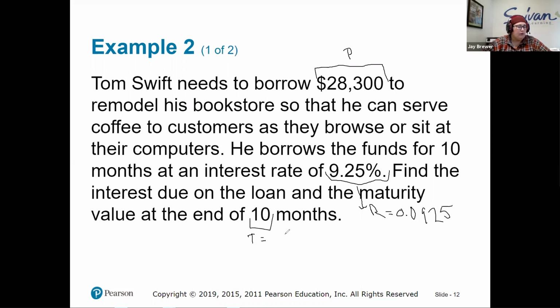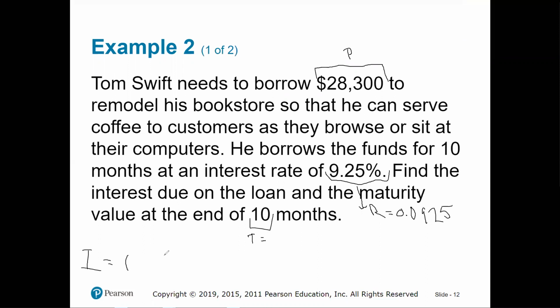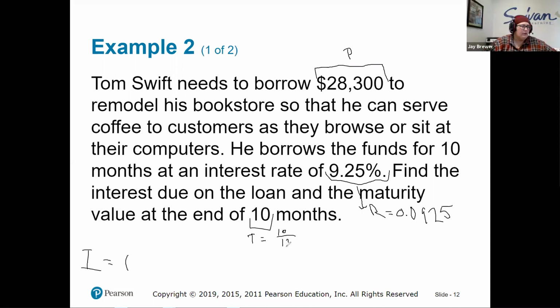How do we want to write that? 10/12. Very good. Now, if you really wanted to, you could simplify, but your calculator is going to do it for you, so don't worry about doing that.